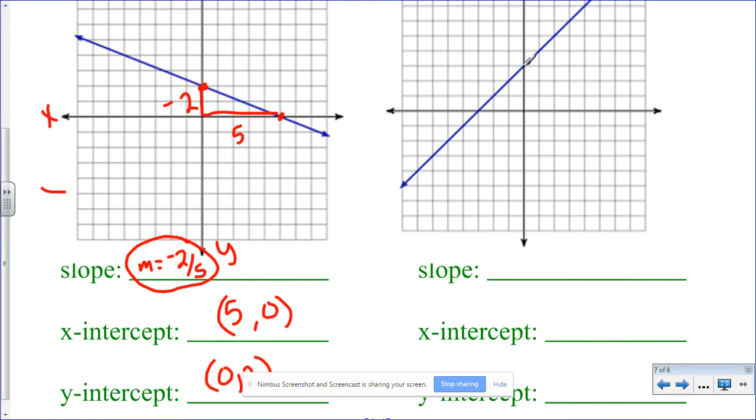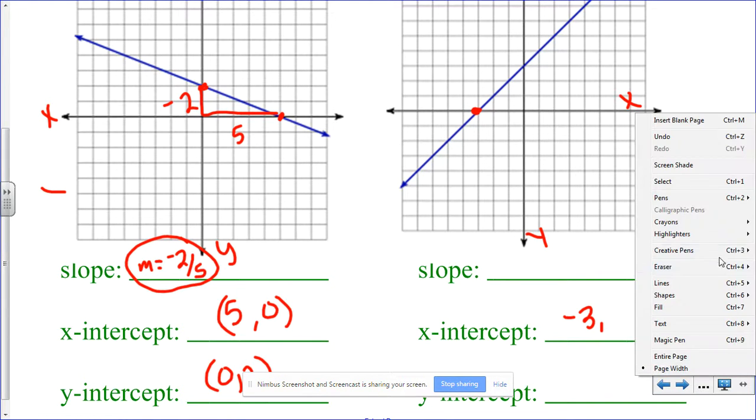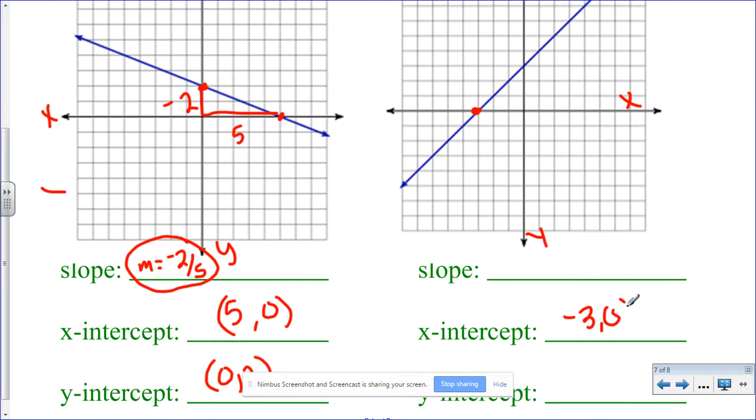Okay, and then the last problem, x-intercept. That's our x-axis, this is our y-axis. So my x-intercept is right here at negative 3, so negative 1, negative 2, negative 3. So (-3, 0).